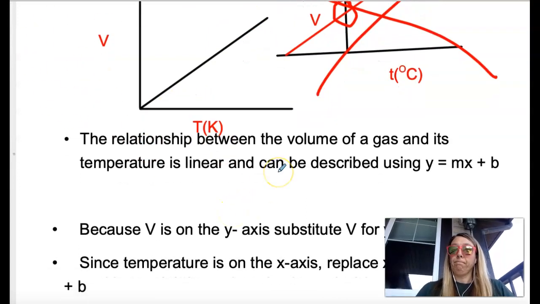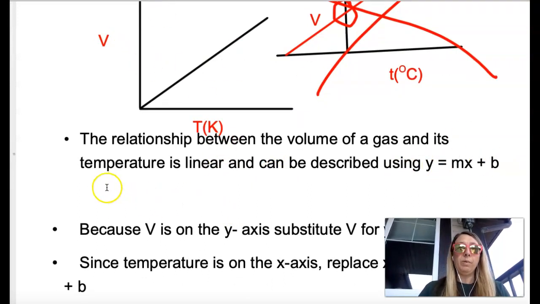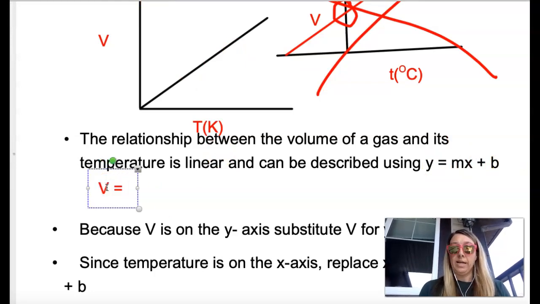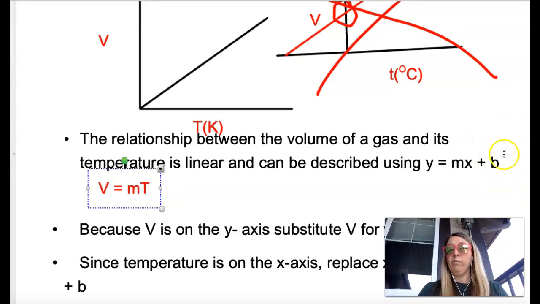So we're going to do the same thing as we did in the last lesson, right? We have y equals mx plus b. So we replace y with V, because that's what we have over there. m can stay. x is the temperature in terms of Kelvin. And we can get rid of b because the intercept is 0.